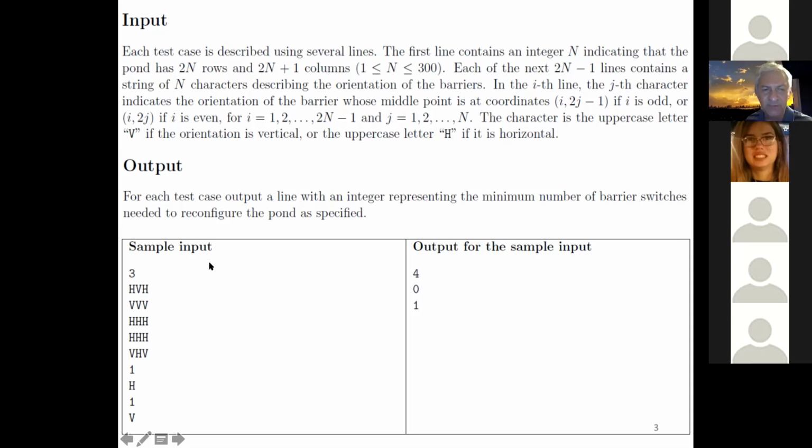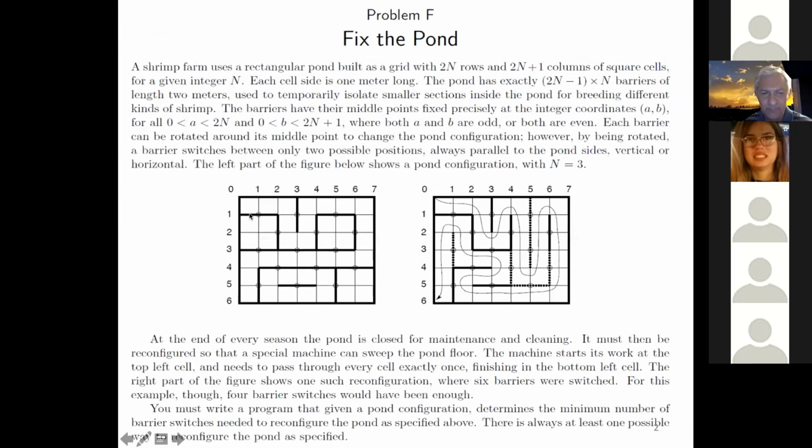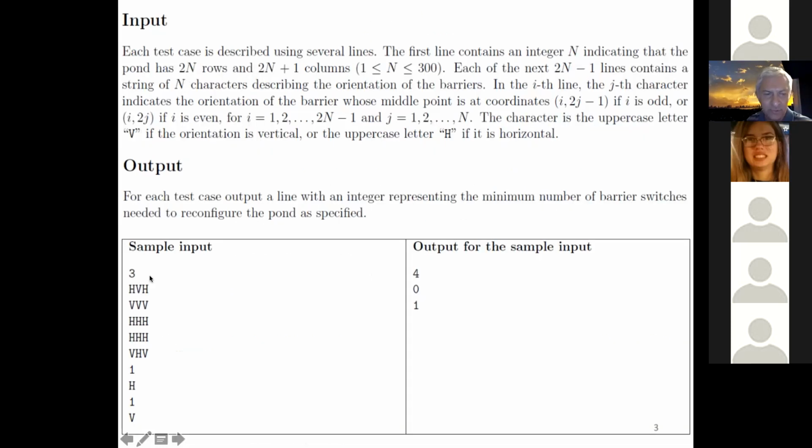This turns out to be exactly what you had before. You'll see here that this one was horizontal, this one was vertical, this one was horizontal. Then in the next row, you had 3 vertical barriers. Then you have 3 horizontal barriers, 3 horizontal barriers, and then vertical, horizontal, vertical. So that's exactly what you have here.